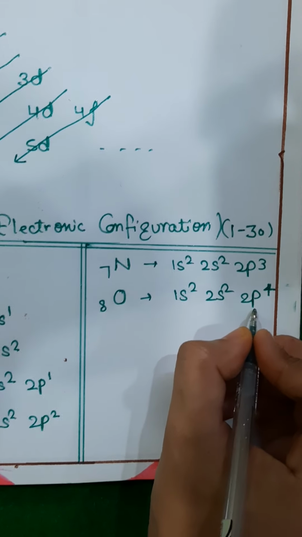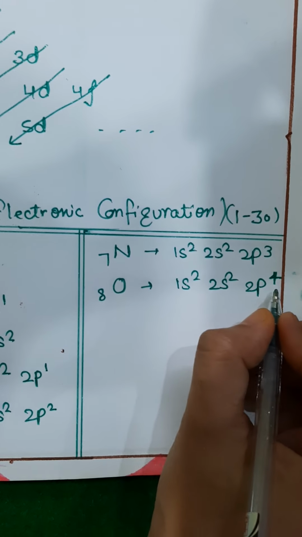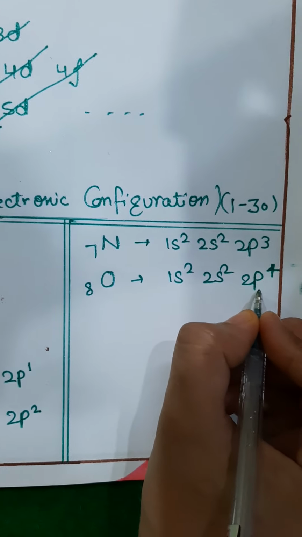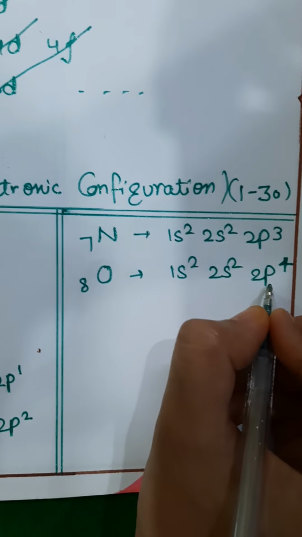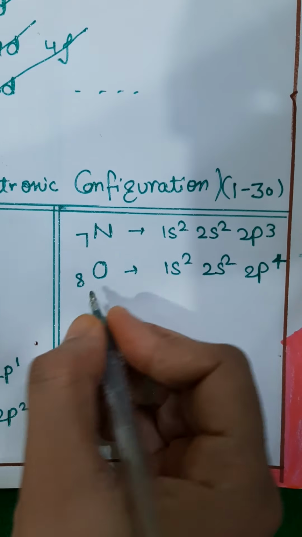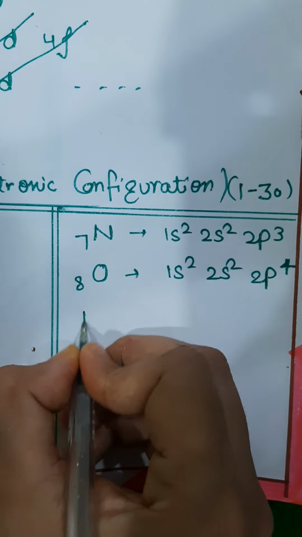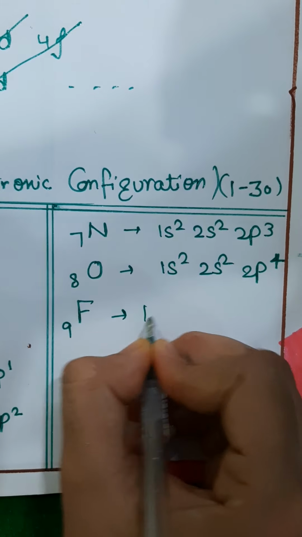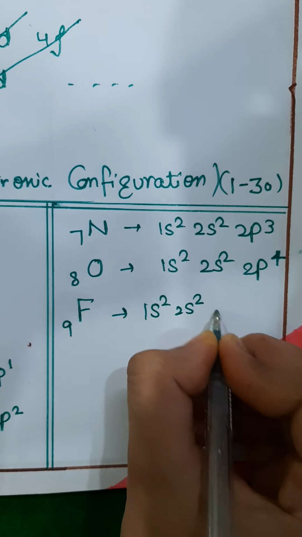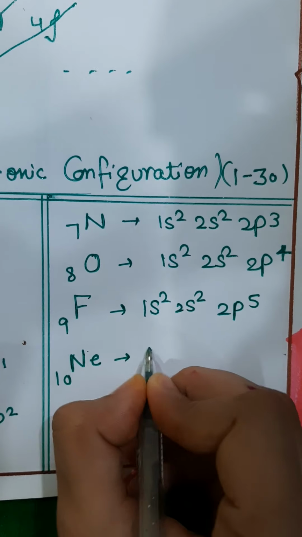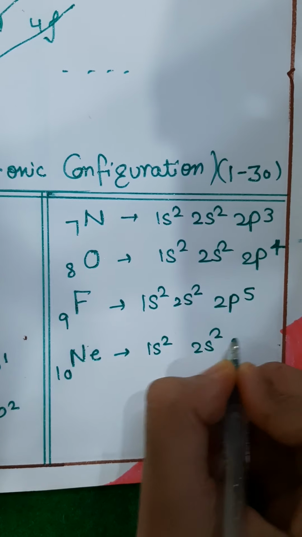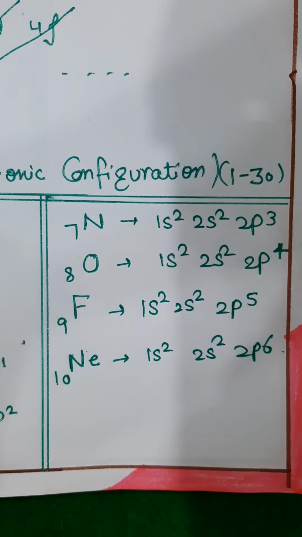2p4. You must remember that 2p4 means first we fill the orbitals singly with single spin, then pairing is done. Ninth is our fluorine, 1s2, 2s2, 2p5, and tenth is our neon, 1s2, 2s2, 2p6.